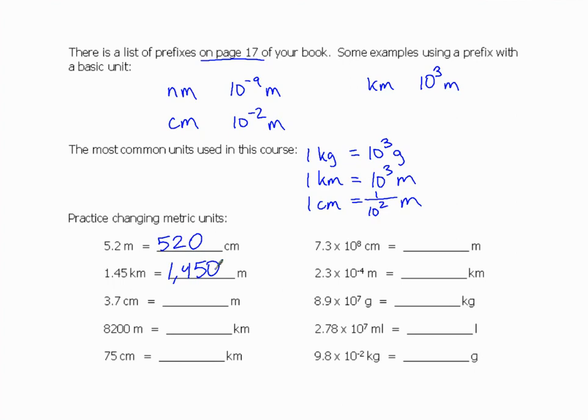A centimeter is 1/100th of a meter. So it should be in the 100th place in terms of meters. So moving the decimal to the left 2 places, 0.037 meters. This is your 1/100th of a meter.